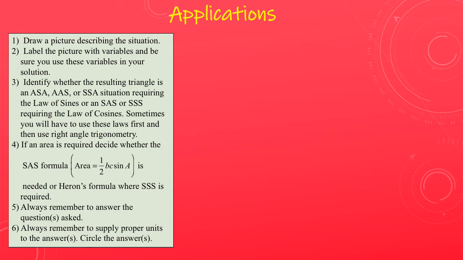If an area is required, we need to decide whether the SAS formula, area equals 1/2 bc sine A, is needed, or Heron's formula where SSS is required. Always remember to answer the questions asked, and always remember to supply proper units to the answers. I suggest that you circle the answers.